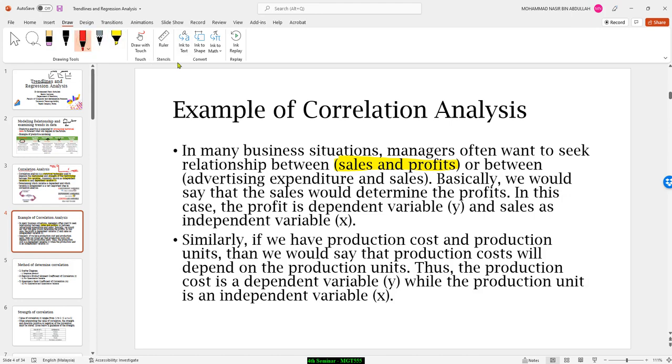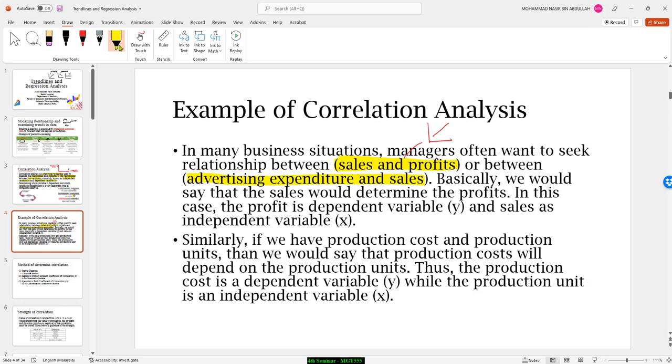Usually what they want is positively correlated. So they want it to go high like this, going upward like this. If negatively correlated, it means there is a problem in the business, right? So between advertising expenditure and sales, the more they spend on advertising, does their sales increase? Again they want positively correlated. If negative, there is a problem. Similarly, if you have production cost and production unit, we would say that production cost will depend on the production unit.